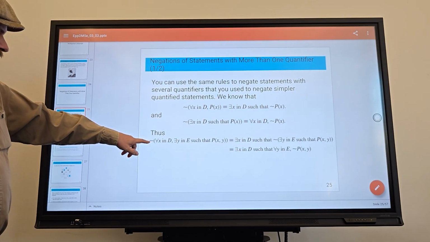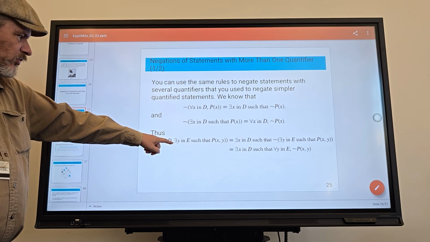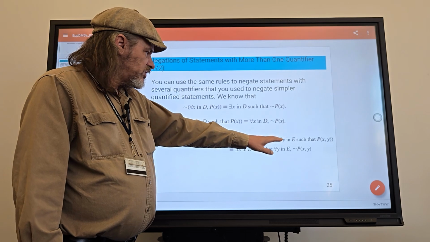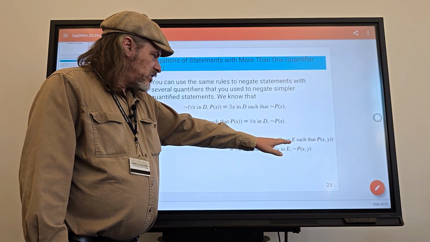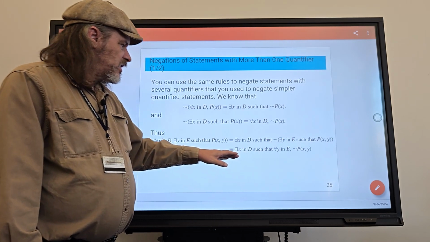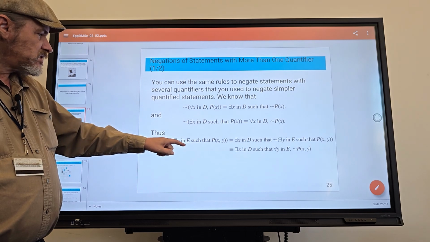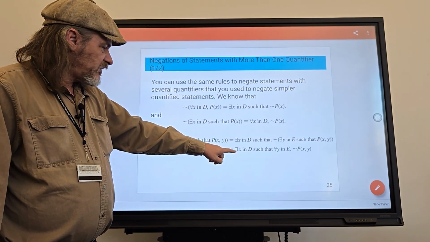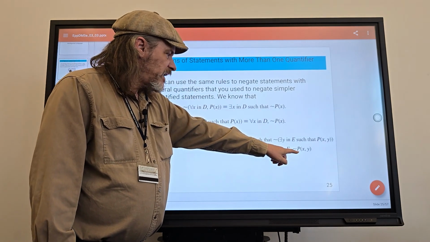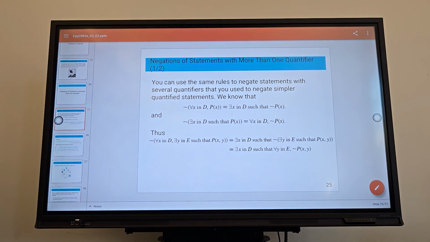for a universal quantifier followed by an existential quantifier, you get the existential quantifier followed by the universal quantifier with the negation of the property. So it switches them around. There exists, an existential quantifier followed by a universal quantifier and the negation of the property. So you're kind of flipping everything around.